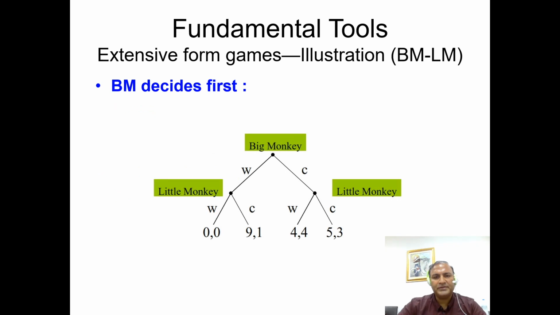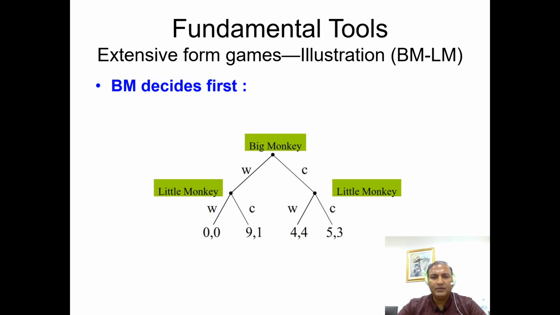Let us now represent our game in the form of a tree chart. And we are taking the first possibility of the timing of the game where Big Monkey decides to move first. So if Big Monkey decides to move first, then he has two possibilities.